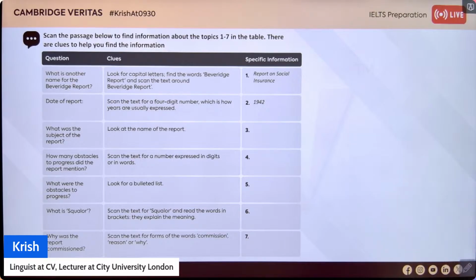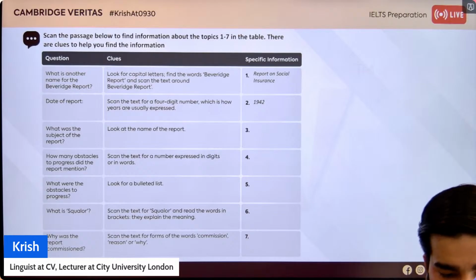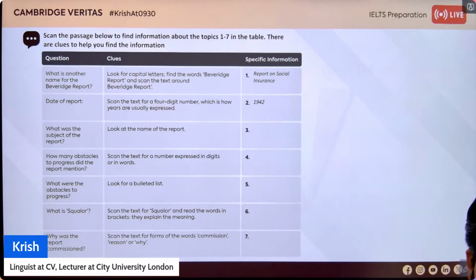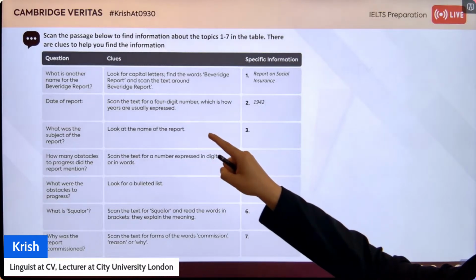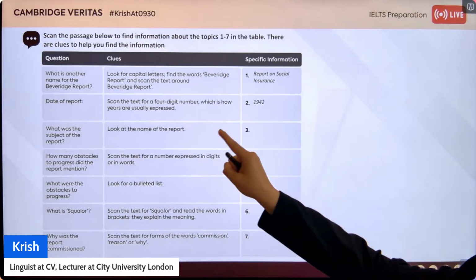What was the subject of the report? Look at the name of the report. It'll tell you the subject. Thank you, Priya, Hasmat, Divya. Super. Look at the name of the report.